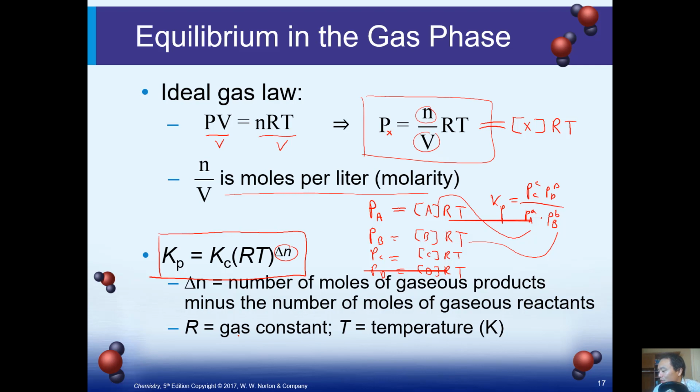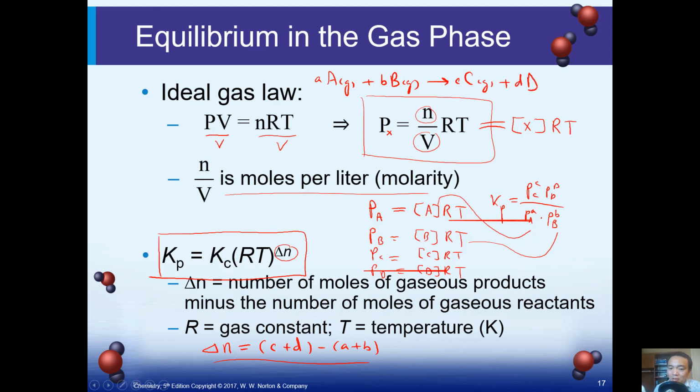So what is the delta n over here? Delta n is basically C plus D minus (A plus B). Oh, by the way, if you forget what we are talking about, this is for the generic reaction aA reacting with bB produces cC and dD.